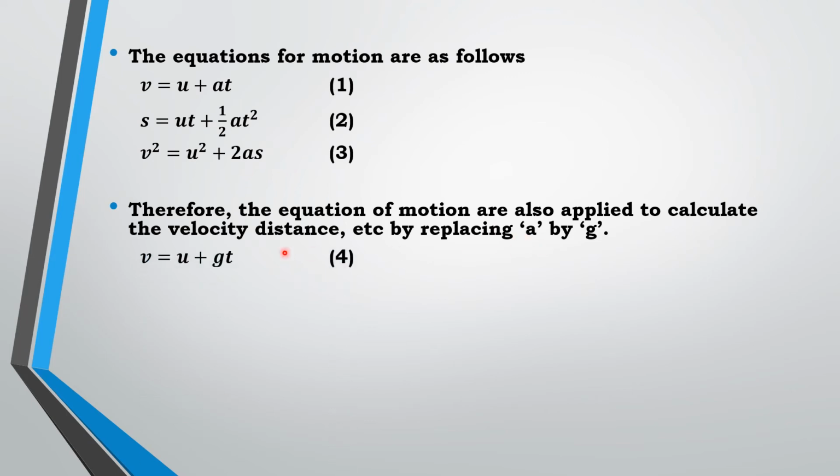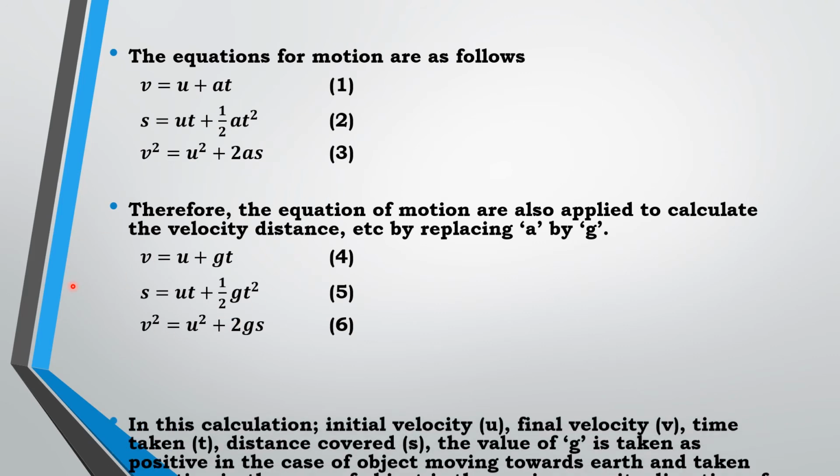So our equations become v is equal to u plus gt, s is equal to ut plus half gt square, and v square is equal to u square plus 2gs. These equations are for constant acceleration when an object falls from a certain height.